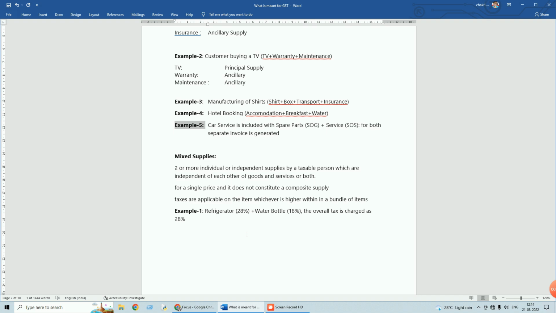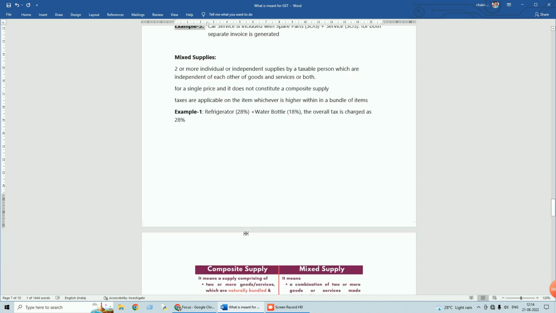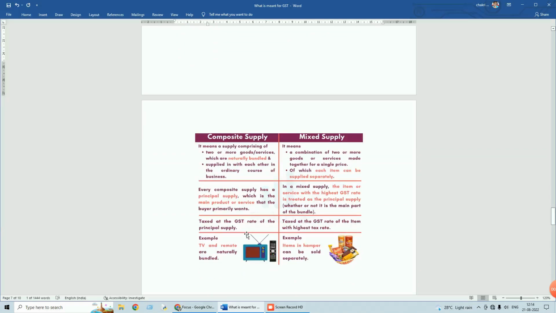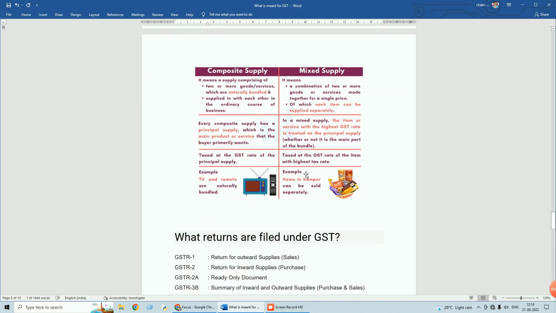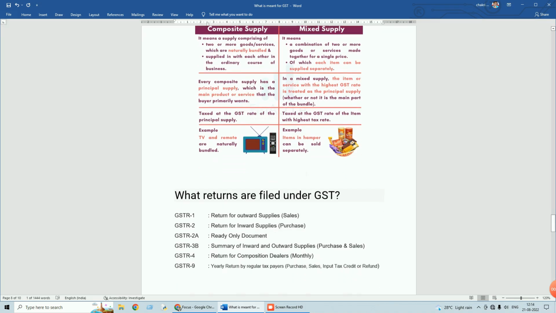If one item has the highest taxable rate, I will charge the same rate for all the items. So here I am giving some small understanding about composite supply and mixed supply. You can go through this, so you will come to know how I am differentiating between composite supply and mixed supply.